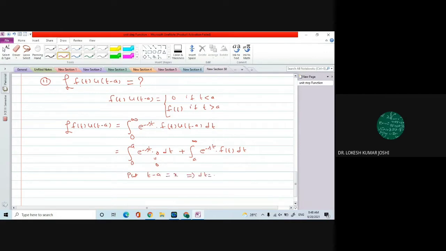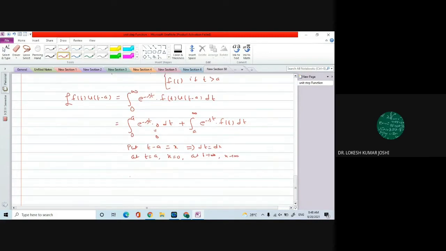It implies dt equals dx, and at the lower limit t equals a, x will be 0. At t tends to infinity, x tends to infinity. Therefore, the above integral will become the integral from 0 to infinity of e to the power minus s, in place of t, a plus x, f of t, a plus x, dx.